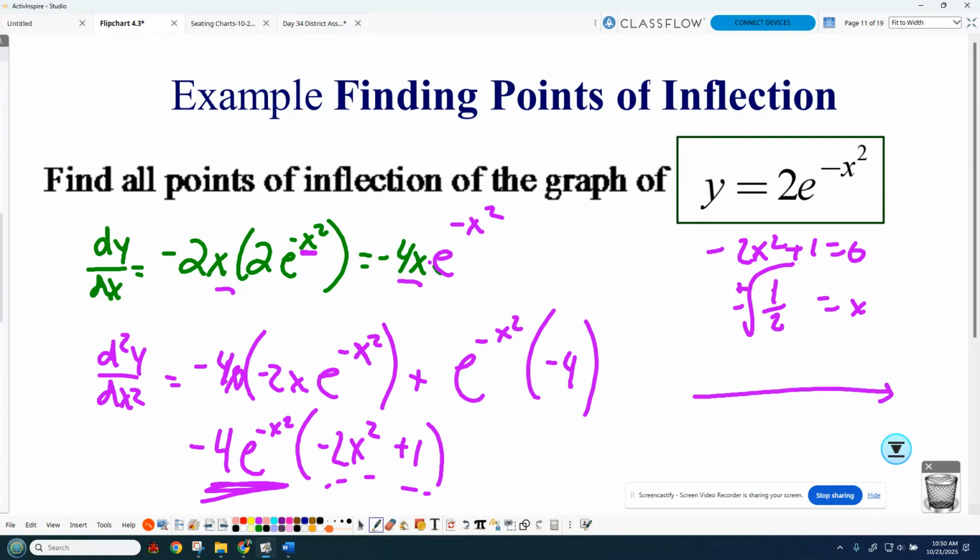And it's asking me for points of inflection. So the reason I did the double derivative: points of inflection are where the second derivative is 0 or undefined, and it needs to change sign. So I need to check. I'm labeling the number line because now I got the function, the first derivative and the second derivative.